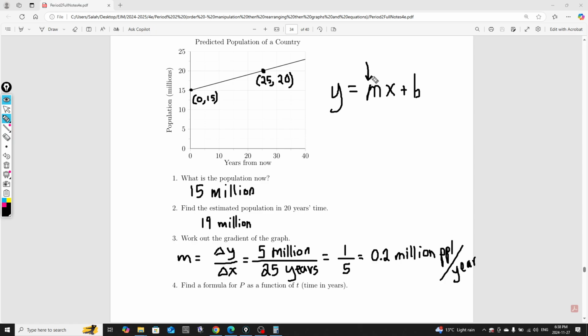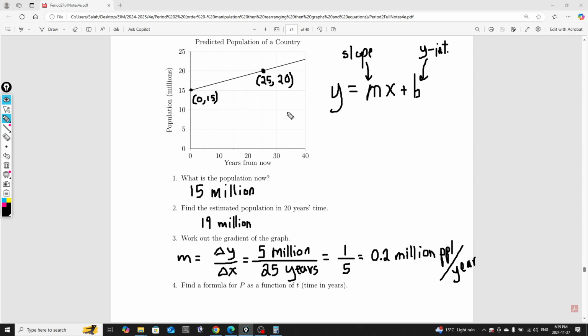Remember that m, as we saw in class, is in fact the slope or the gradient, and b is your y-intercept. And then x is going to be my independent variable and y is going to be my dependent variable.